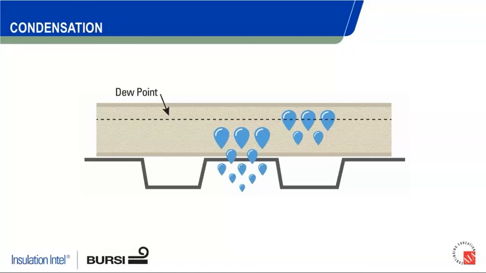It can cause mildew and mold issues. It can cause early failure of that roofing system. And if it's bad enough, it can even start more or less raining back down into your building. So it's really an important issue to understand where your vapor drive is coming from, and if a vapor barrier is needed to protect that roofing system and the building from condensation.